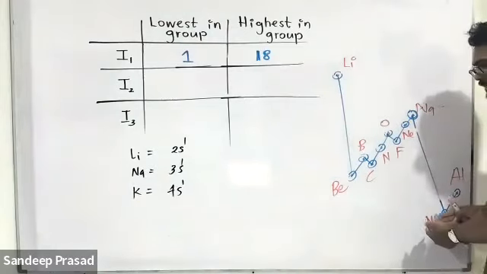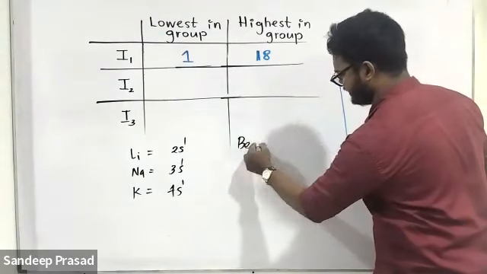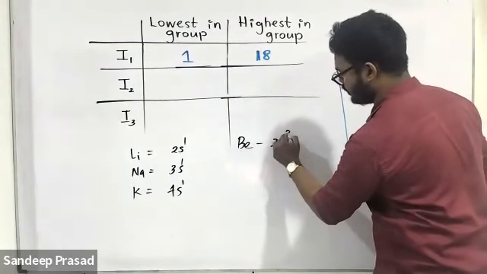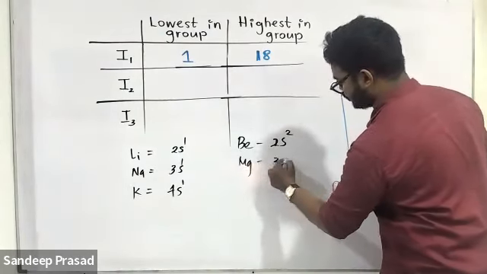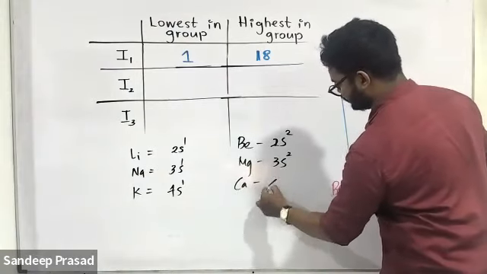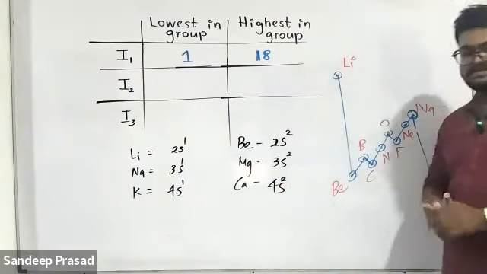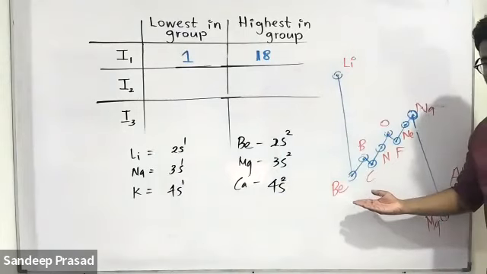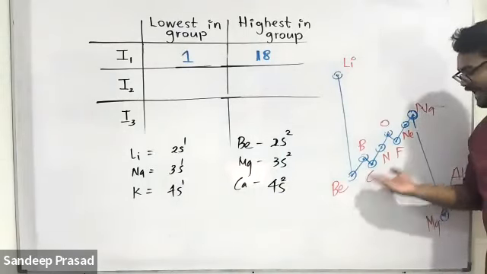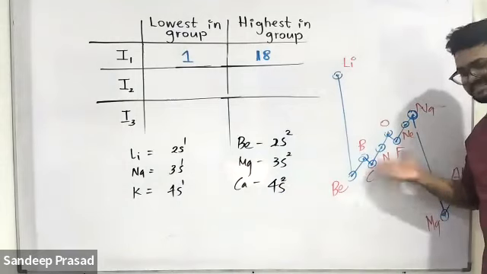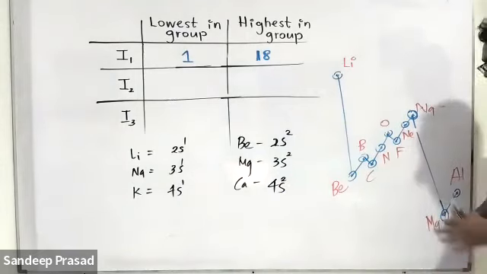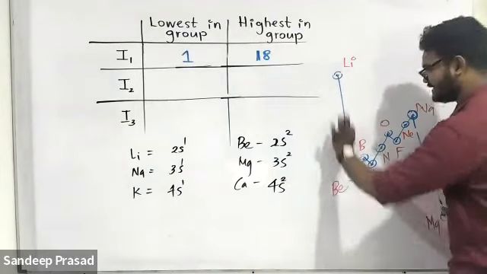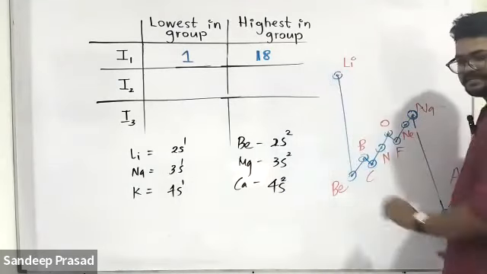Beryllium, magnesium. Is that correct? Yes. Beryllium is 2s2. Magnesium is 3s2. Calcium is 4s2. So 4s2 means you can easily remove the 2 electrons. Correct? Can you see how I derived the second ionization energy? I shifted these elements to the left hand side.